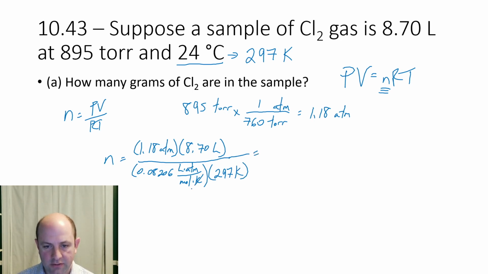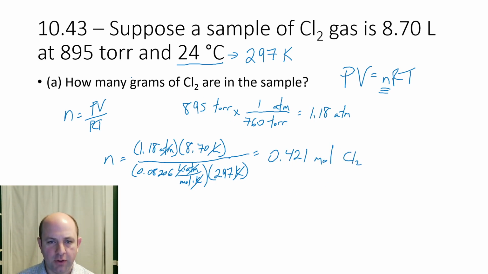And if we look, Kelvins cross out, liters cross out, atms cross out, we're just left with moles, what we want. And so we punch this in, 1.18 times 8.70 divided by 0.08206 and divided by 297, and we get, three sig figs, 0.421 moles of chlorine gas.